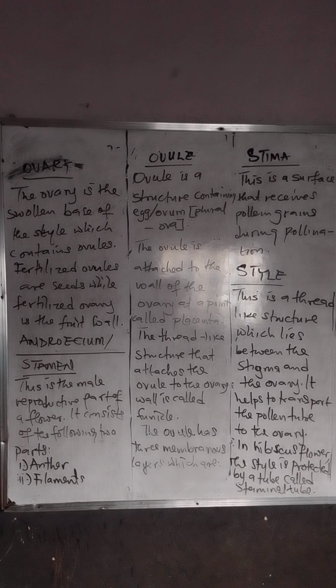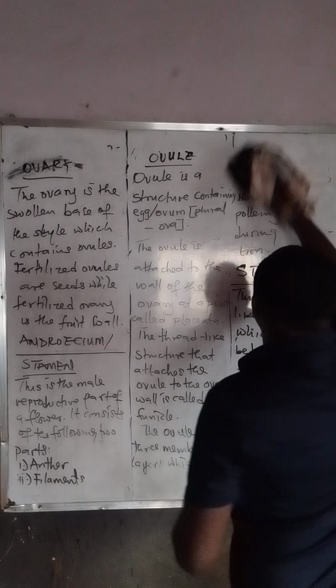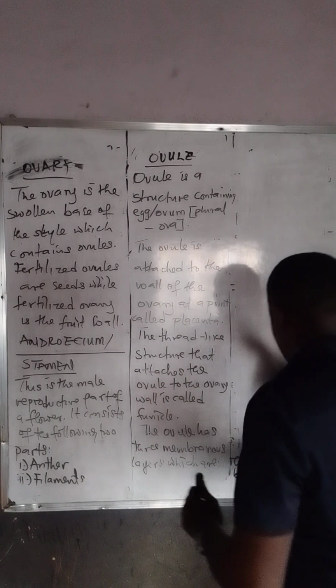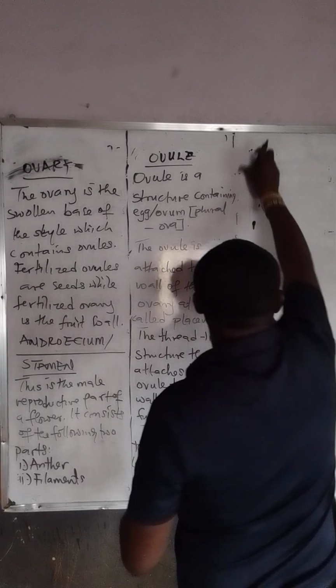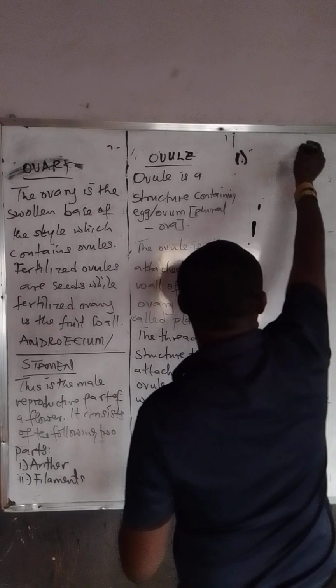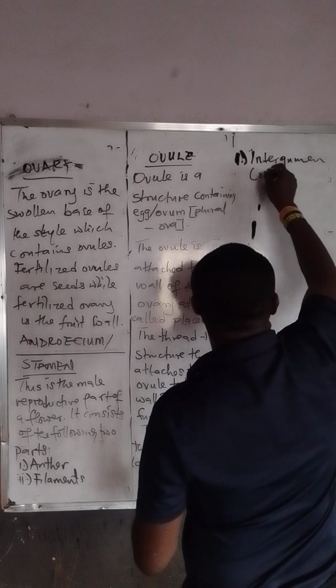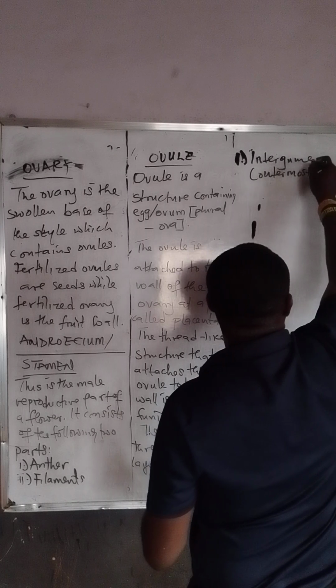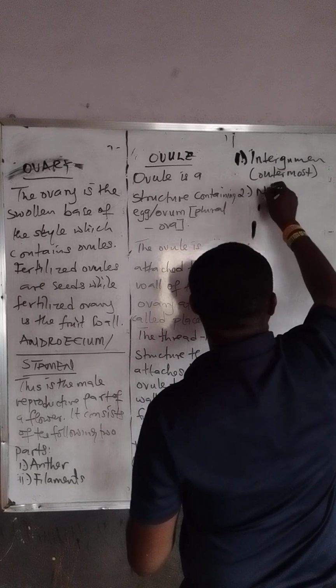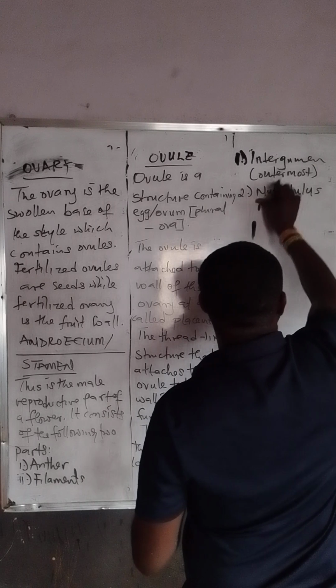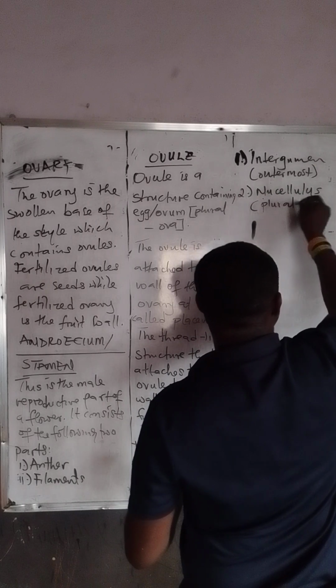What is a membrane? Membranous. The word membranous comes from the word membrane. And membrane means an outer cover of something. So the 3 membranous layers of the ovule are, number one, we have integument, which is the outermost layer. Then number 2, we have nucellus, the plural of which is nucelli.